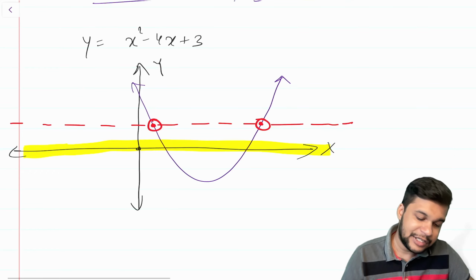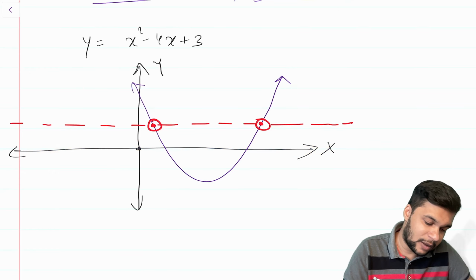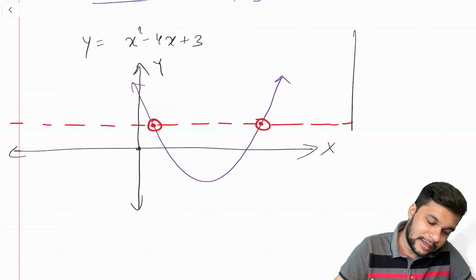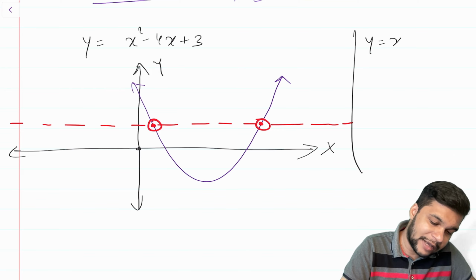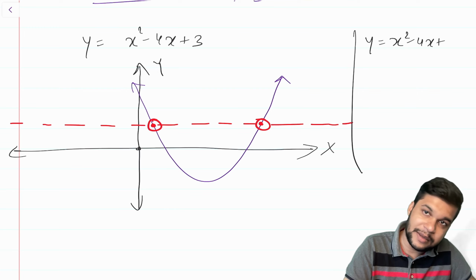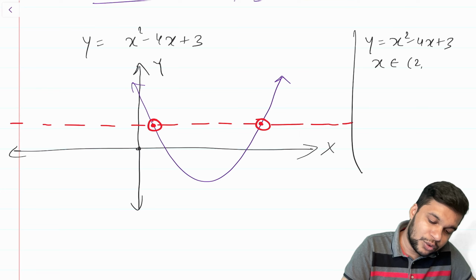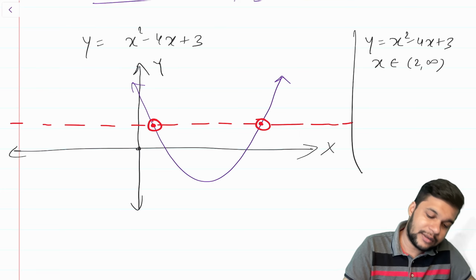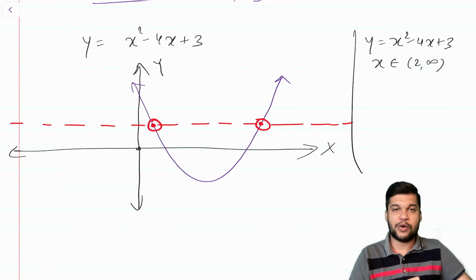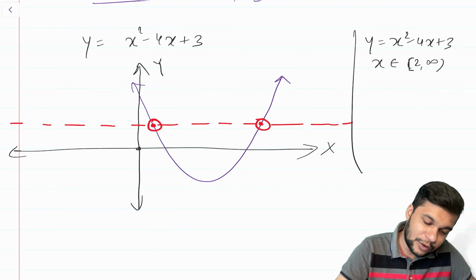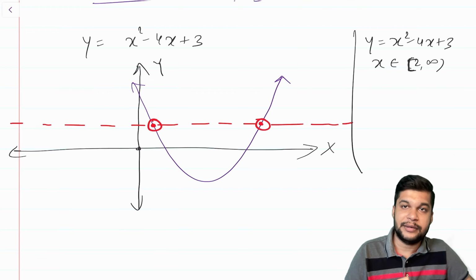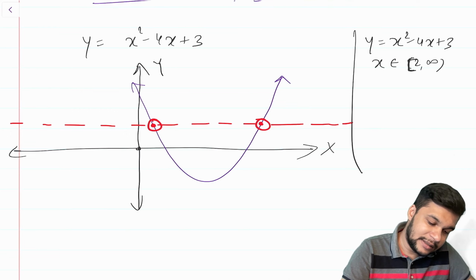But let's say I change my question. I'm saying that my question is y equal to x square minus 4x plus 3, where x belongs to 2 to infinity. Let's include 2, so let's use a square bracket here, which means this time I'm talking about only this region.